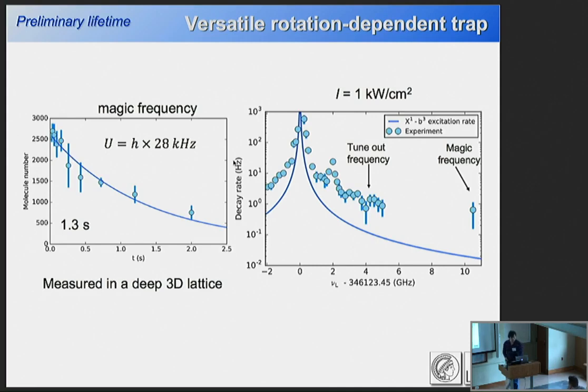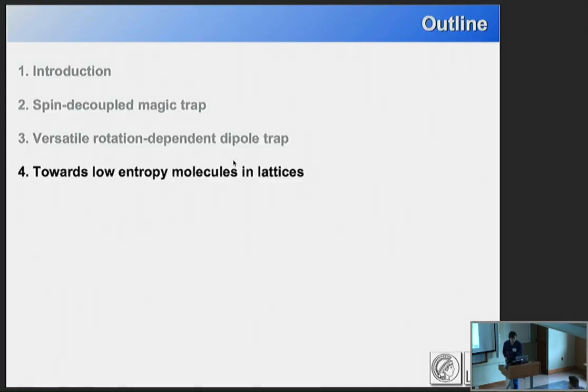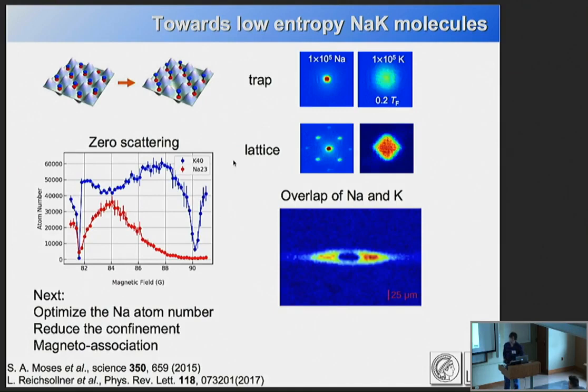Okay, so last, I just want to talk about our progress towards low entropy NaK molecules. This pioneering work was done in JILA and also in Innsbruck. Basically you create a double unit-filled insulator of two atoms in the lattice, and in principle you get exactly one pair of atoms at each lattice site.